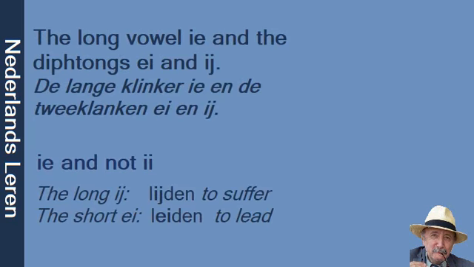Then something about the long vowel EE and the diphthongs EI and IJ. The long E and a short E. As we have seen, E is not written double like AA, OO, UU, but is written as EA. I think it's a remnant from Old Dutch. As I have shown to you, schaap is written with AA, so the A is there to indicate that the vowel has to be pronounced long.